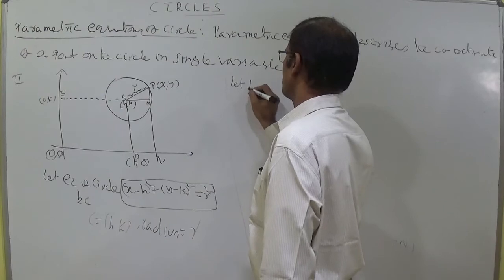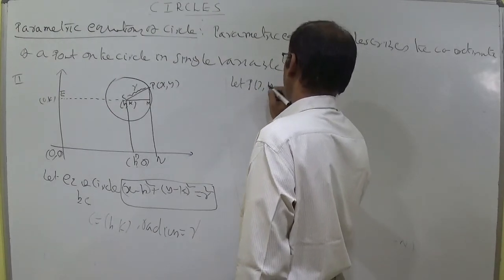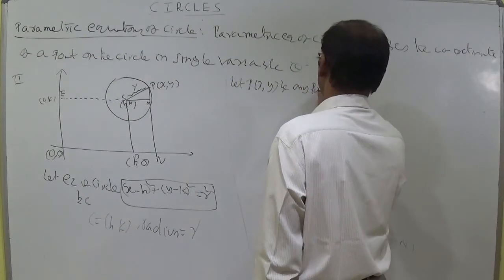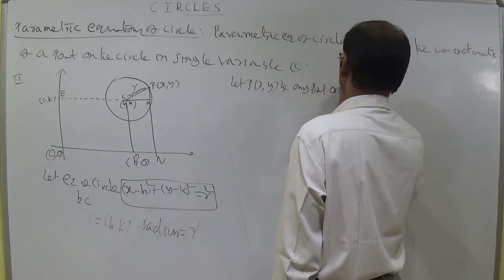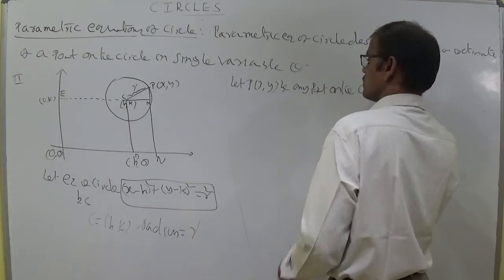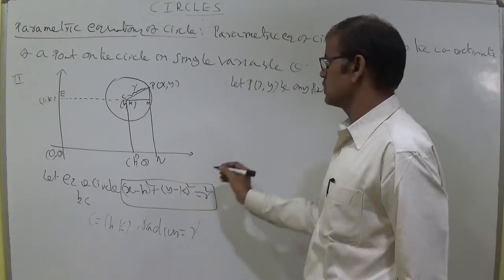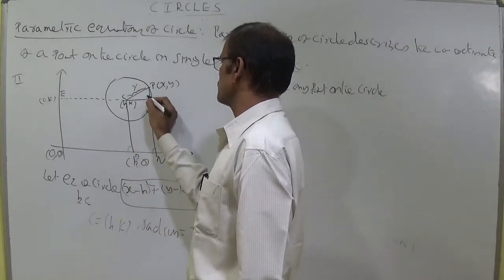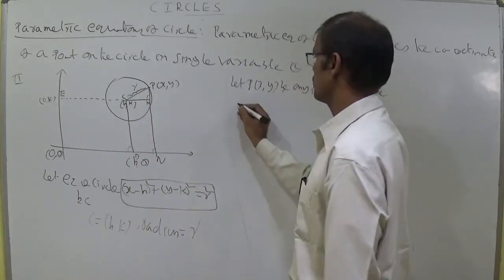I am writing here let P x comma y be any point on the circle. This is a perpendicular line, this is also a perpendicular line.